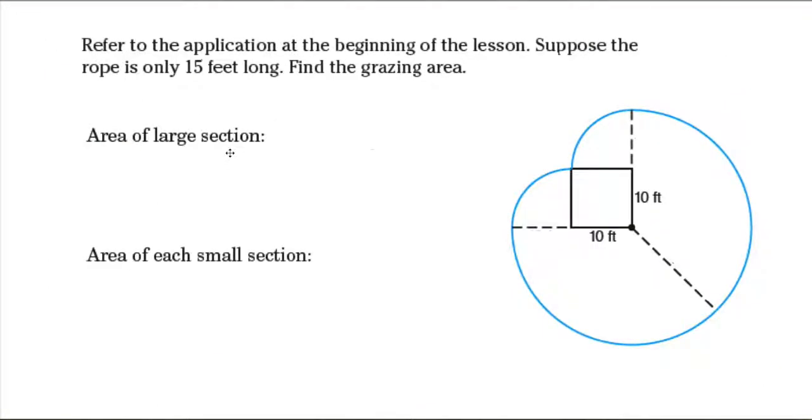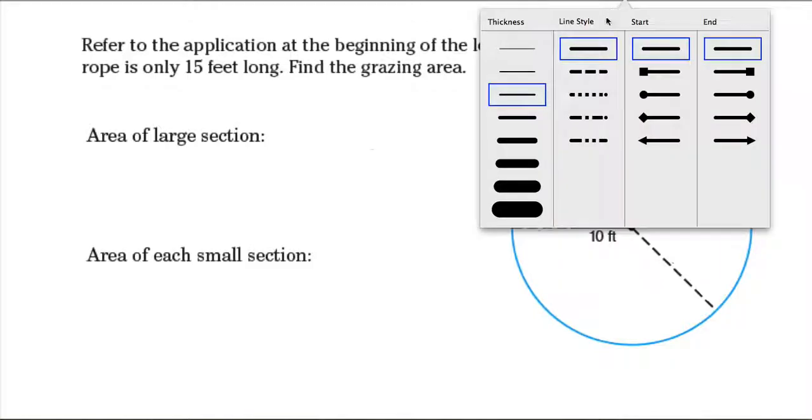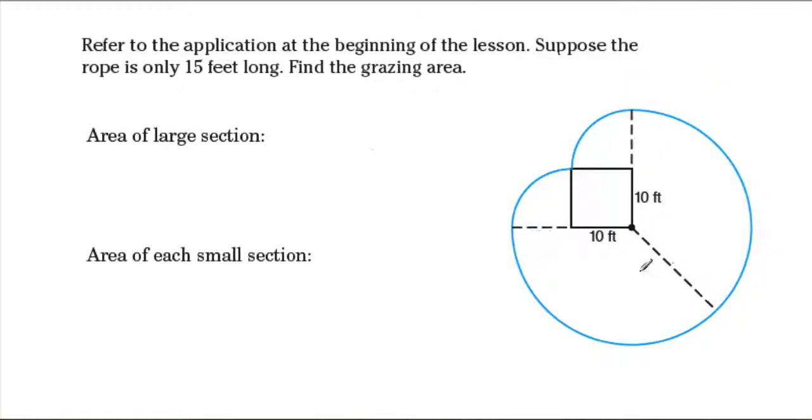Now let's go back to the same problem at the beginning of the lesson. Suppose the rope is only 15 feet long. Find the grazing area. So again, instead of 20 feet, the radius now will become only 15 feet compared to the original example we had at the beginning.